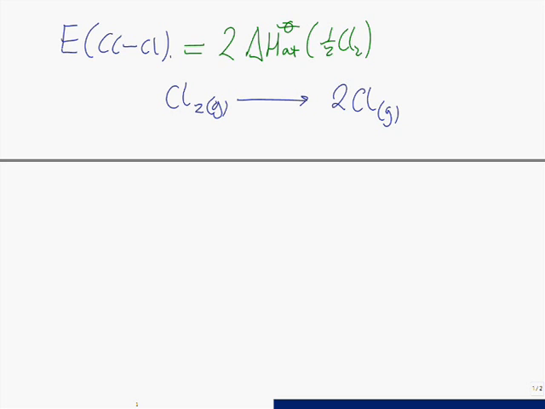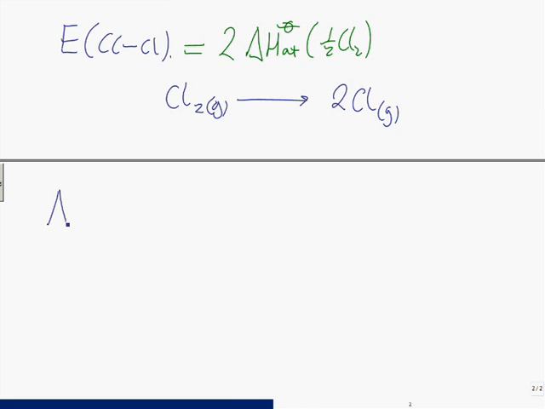Other ones, well, we've got enthalpy of sublimation. Now I'll mention this one, although you may not necessarily come across it too much these days. Enthalpy of sublimation, as the name suggests, is the conversion of 1 mole of a substance in its standard state to its gaseous form. So for example, we can talk about solid sodium going to gaseous sodium like that.